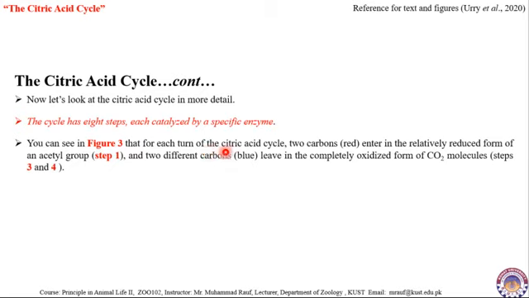In each turn of the citric acid cycle, 2 carbons enter in the relatively reduced form of acetyl groups and 2 different carbons leave in the completely oxidized form of CO2 molecules in steps 3 and 4.